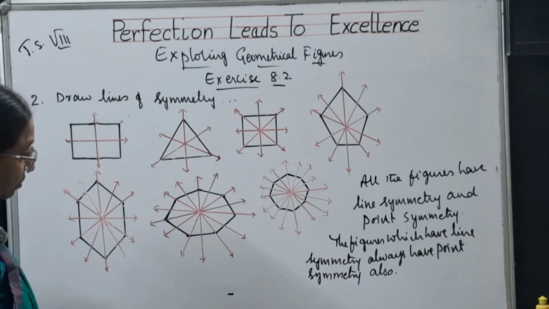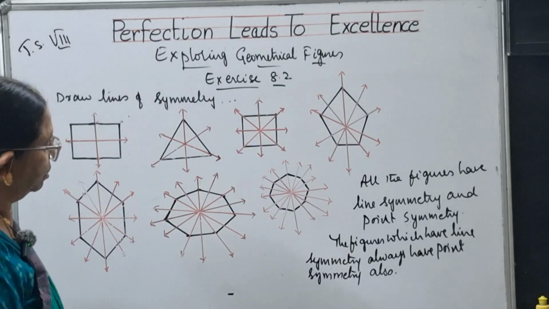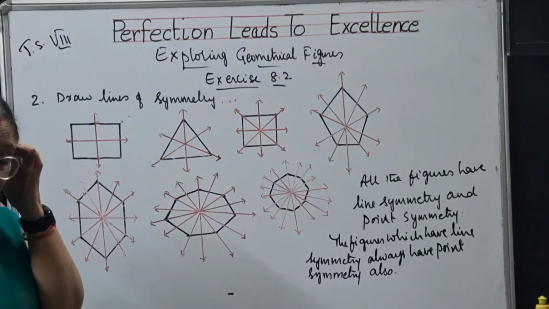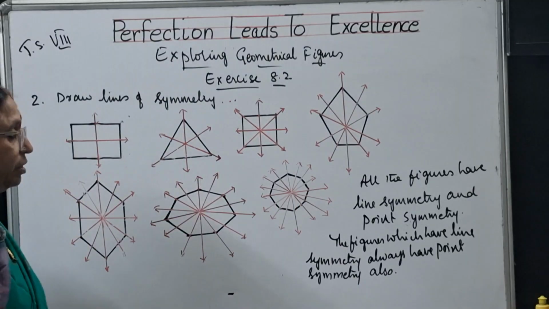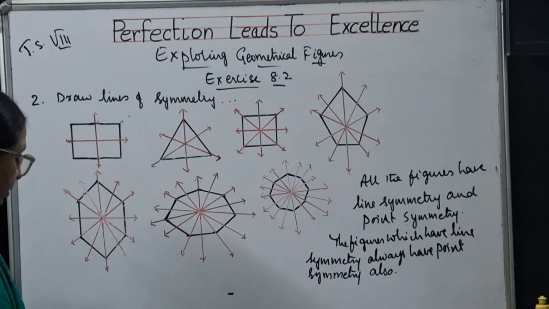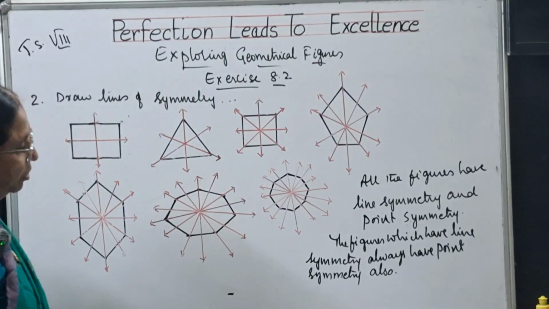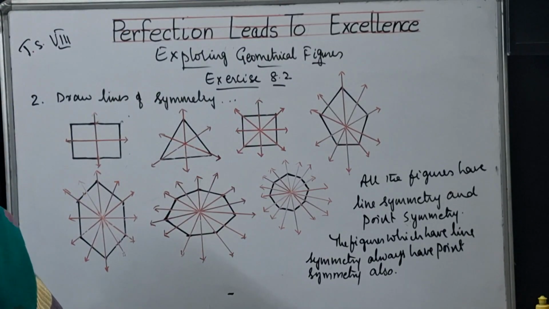There are some figures which have only point symmetry but not line symmetry. But in case the figures are having line symmetry, definitely they have point symmetry. So all the line symmetries will have point symmetry, but all point symmetries do not have line symmetry. Please note it down.